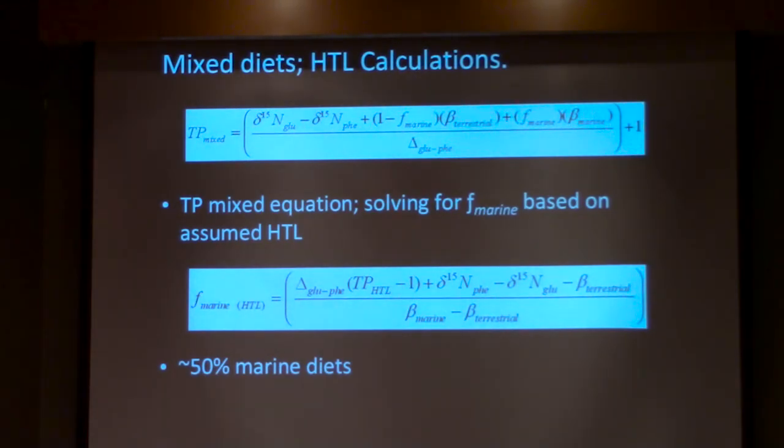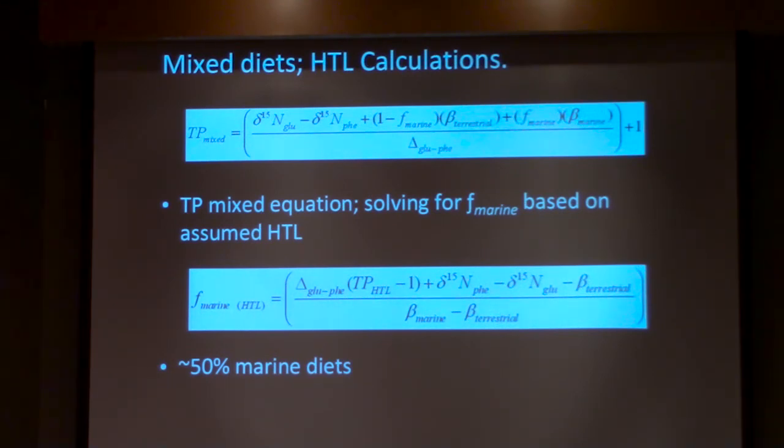We can do an isotope mass balance. We can take a fraction of our terrestrial beta value and a fraction of a marine beta value and calculate a trophic position. Or, in this case, we can make the assumption that the trophic level of the early Easter Islanders was about that of modern humans.